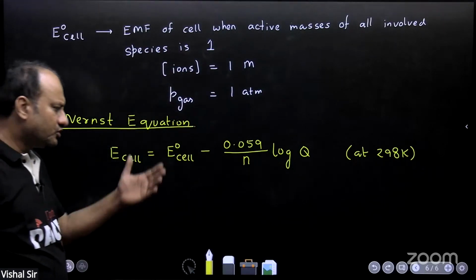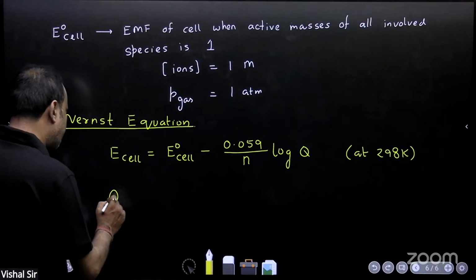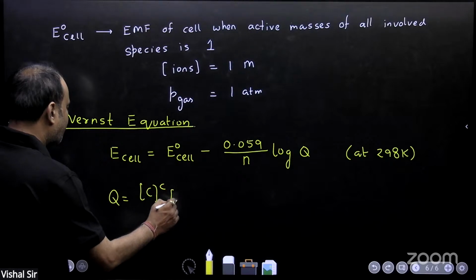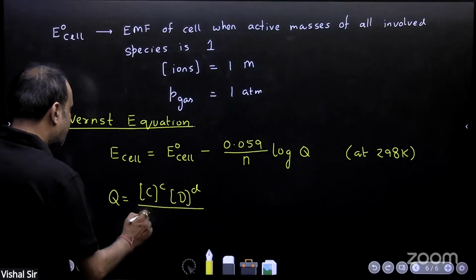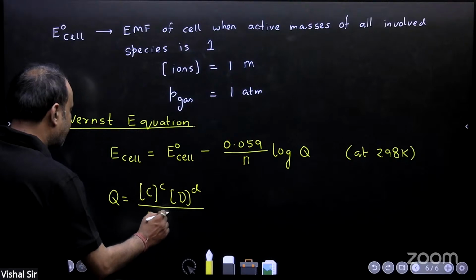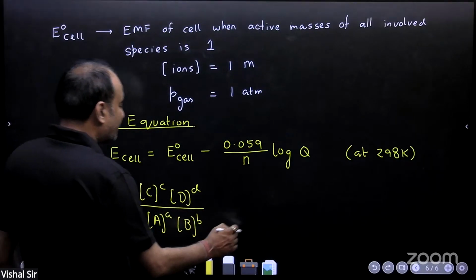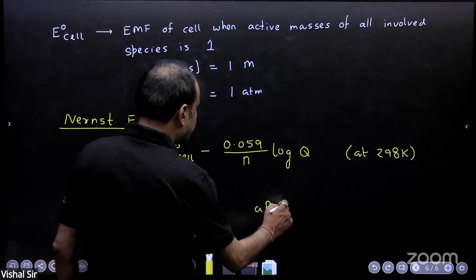So this is Nernst equation. Here Q stands for reaction quotient, means Q will be equal to active mass of C raised to c, D raised to d, by A raised to a, B raised to b, if the redox reaction of this cell is this.